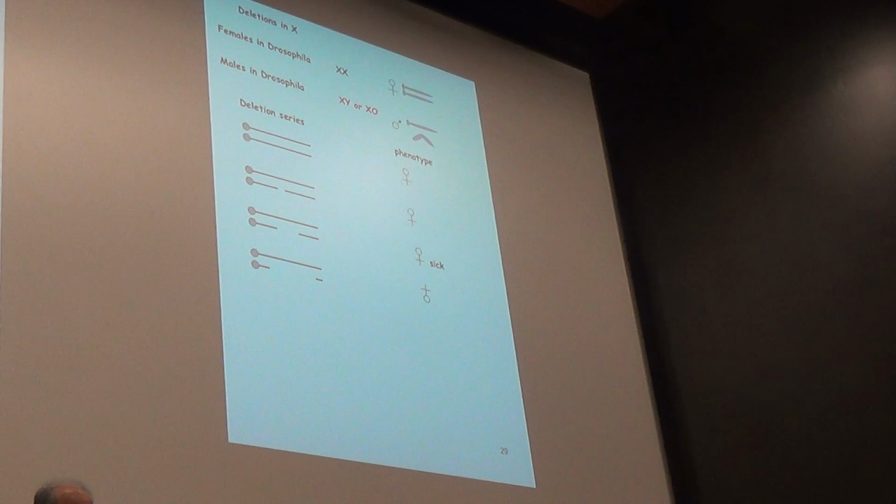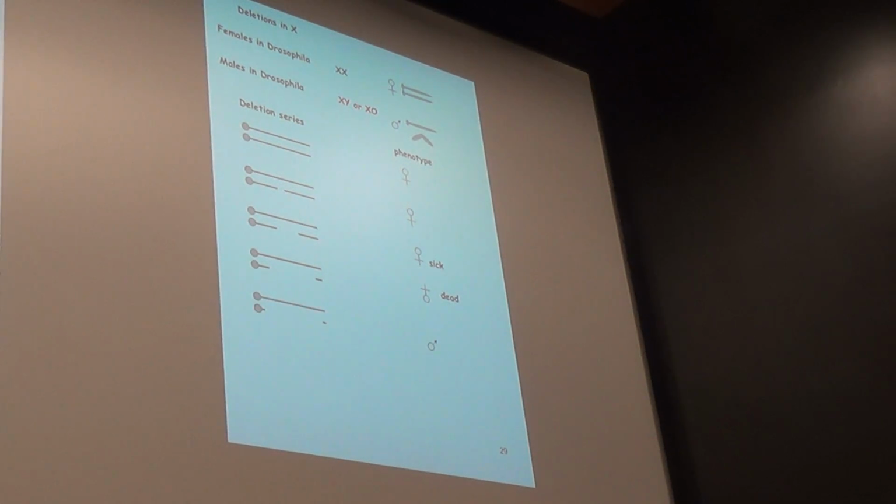And the reason is there is an imbalance. You need two copies and you need approximate balance, and when you have very, very large deletions, a lot of different genes are imbalanced, basically, and a lot of different proteins are not in the right proportion. And at that point, the fly dies. It doesn't develop to maturity.